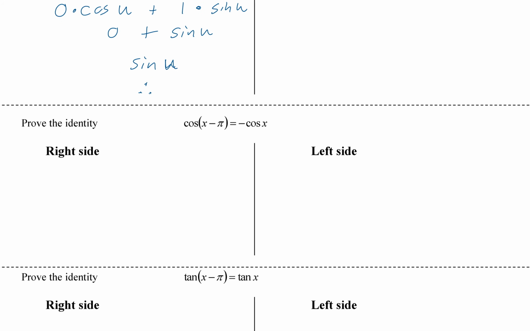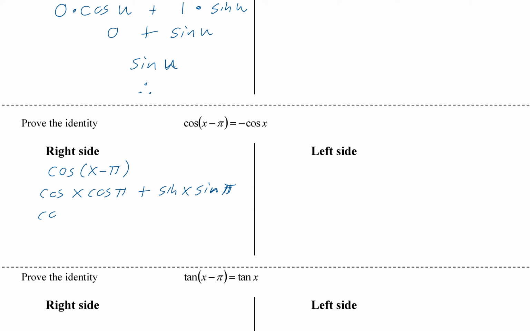All right, let's try another one. Just ignore the right and left. They're backwards, obviously. So we end up with cosine of x minus pi. And so this would be cosine x, cosine pi. But now we put a plus, and it's sine's turn. So if you remember, pi is all the way over to the other side.